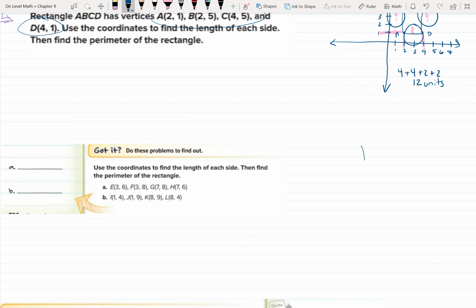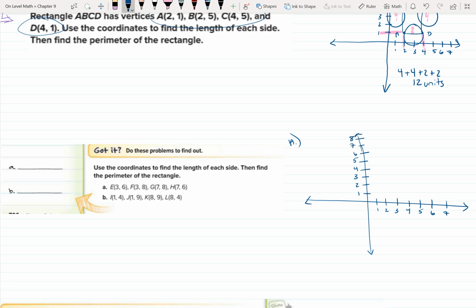So I am going to make kind of a sloppy graph, and again right now I'm doing got it A. Alright, let's see, it goes over to 7, so 1, 2, 3, 4, 5, 6, 7, it goes up to 8, 1, 2, 3, 4, 5, 6, oh no, 7, 8.